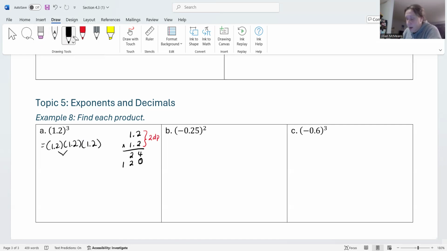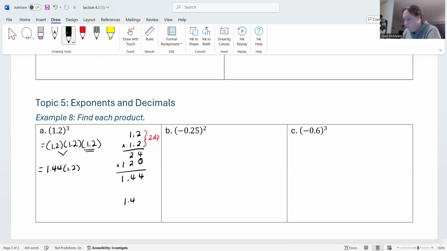So let's go ahead and get our final answer. 4 plus 0 is 4. 2 plus 2 is 4. Drop down the 1, and we need 2 decimal places. Okay? So now we have 1.44, and we still have to multiply by this last 1.2.